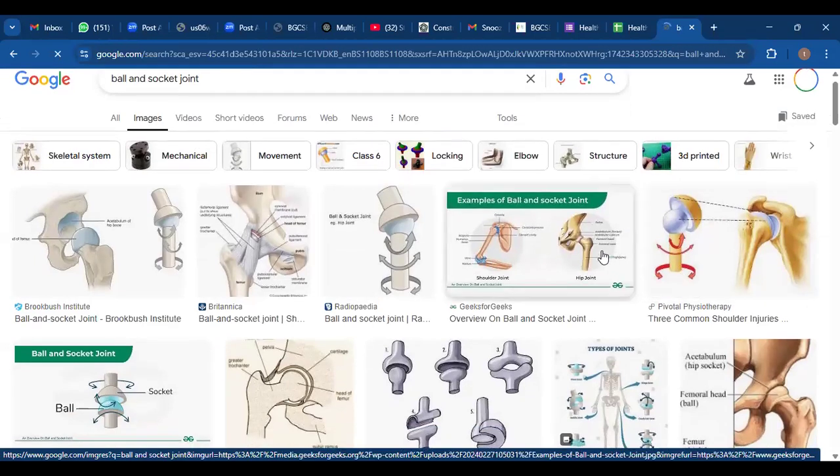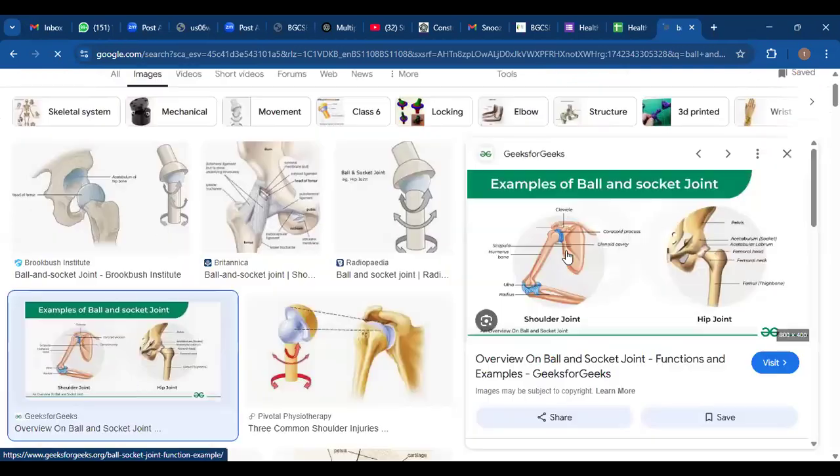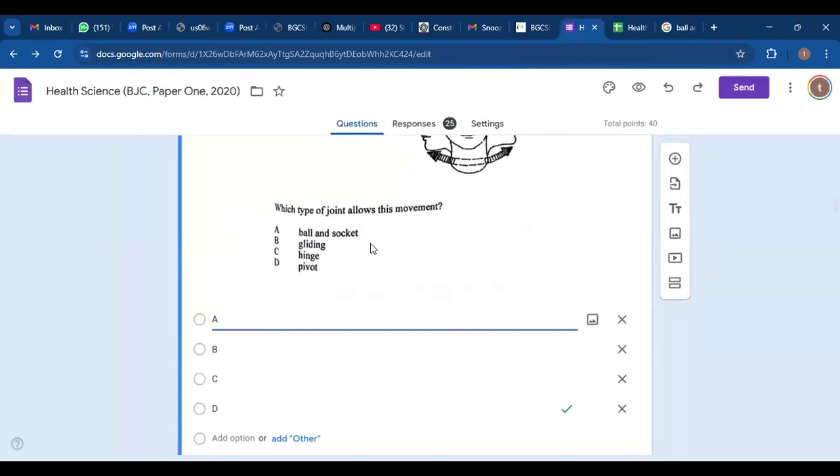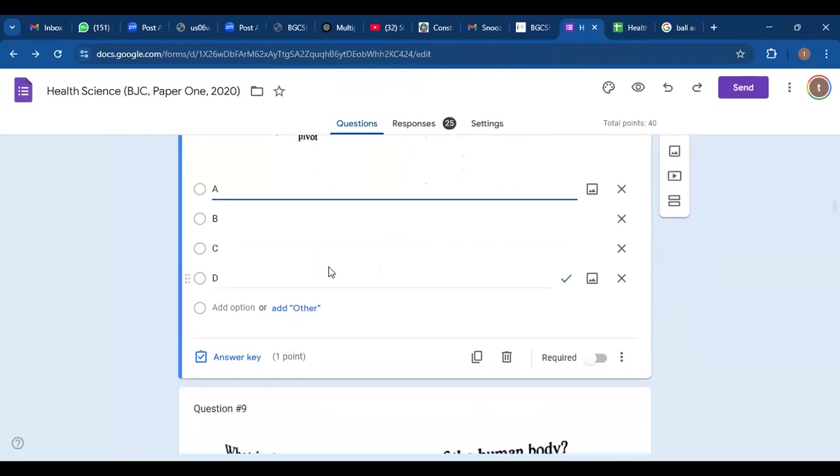Shoulders, and this is what I was trying to remember, the hip joint, ball and socket. It fits right in. We need to move faster, we're moving too slow. D is pivot. Number 9.